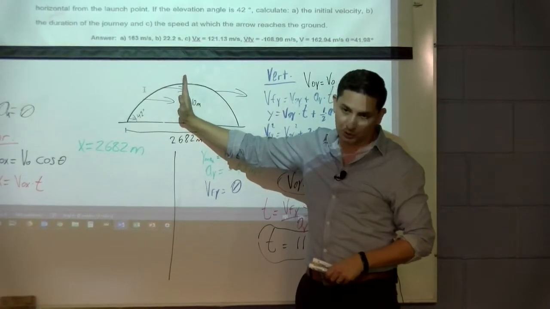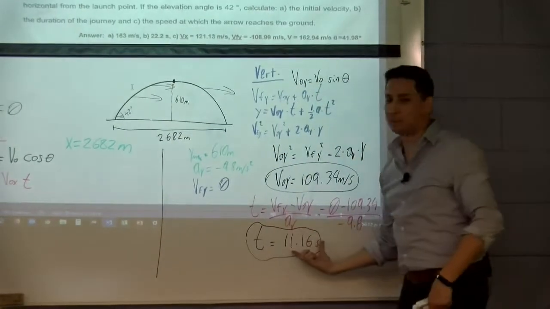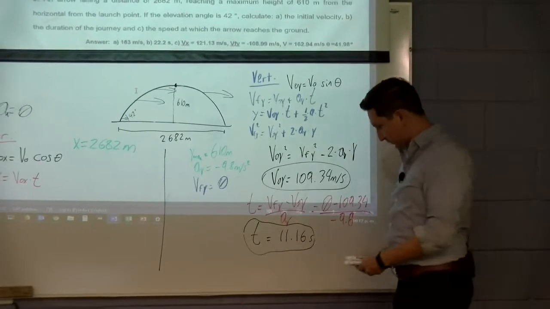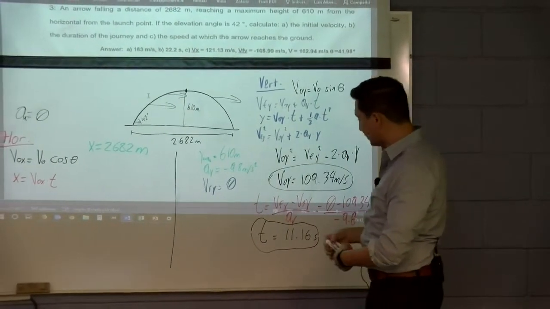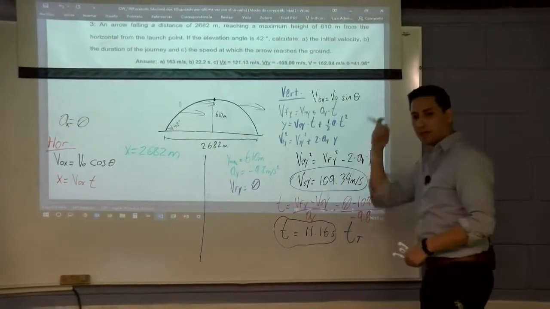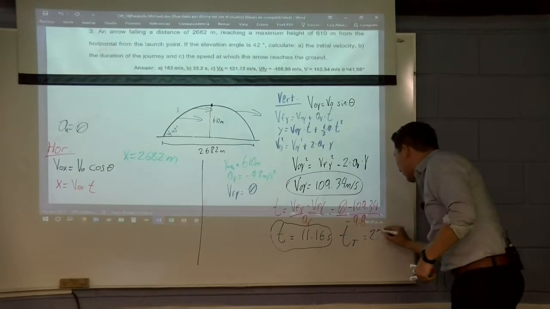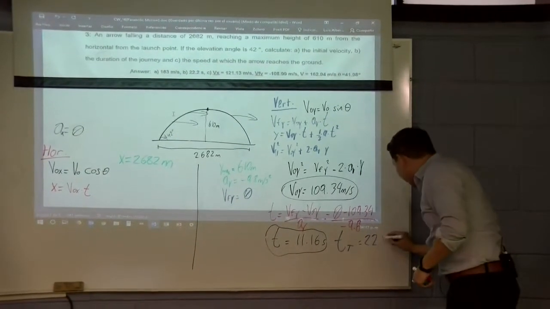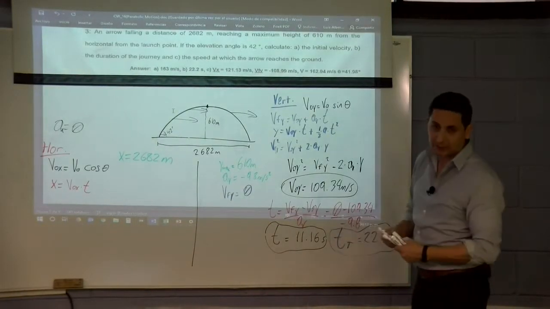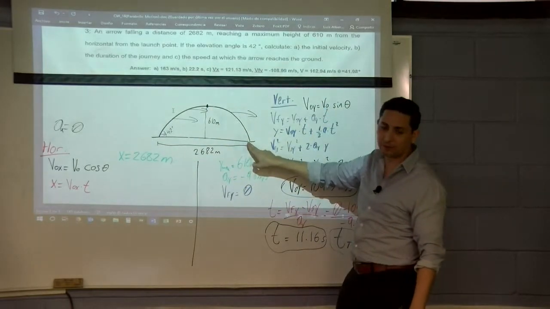Do you want to know the complete time? Well, multiply this by 2. So the total time will be 22.31 seconds. This is the total time from here to here, the total parabola, right?